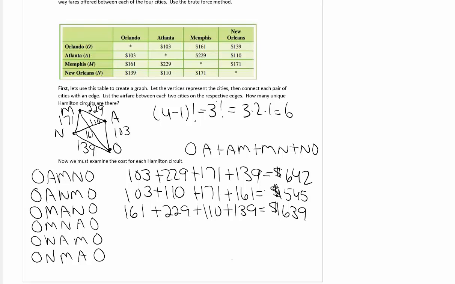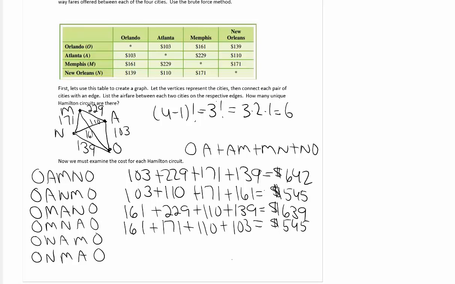The next one, Orlando to Memphis is 161. Memphis to New Orleans is 171. New Orleans to Atlanta is 110. And Atlanta to Orlando is 103. And this adds up to be 545.